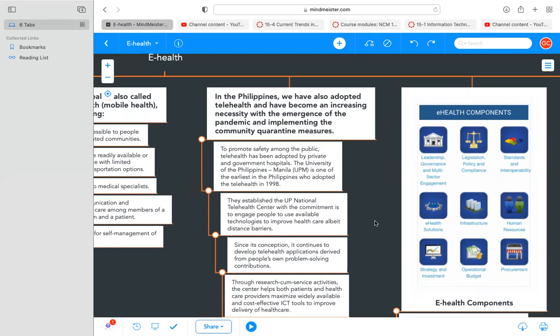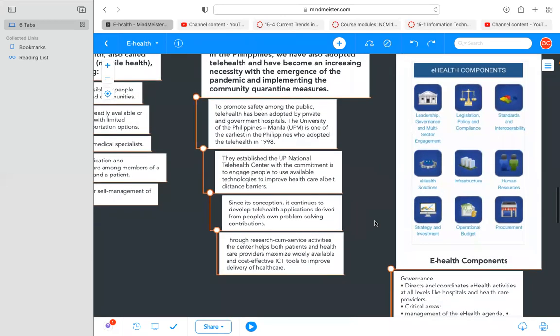Since its conception, the center continues to develop telehealth applications derived from people's own problem-solving contributions. And also through research cum service activities, the center helps both patients and healthcare providers maximize widely available and cost-effective information and communication technology tools to improve delivery of healthcare.